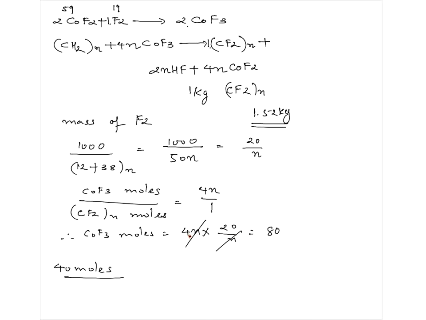These will be the moles of COF3. 80. 80 moles of COF3 will be there. So 80 moles are formed here, and fluorine and this fellow are 1:2. This is half times of 80. Half times of 80 is 40 moles. So 40 moles of fluorine. Any questions up to this point, let me know.